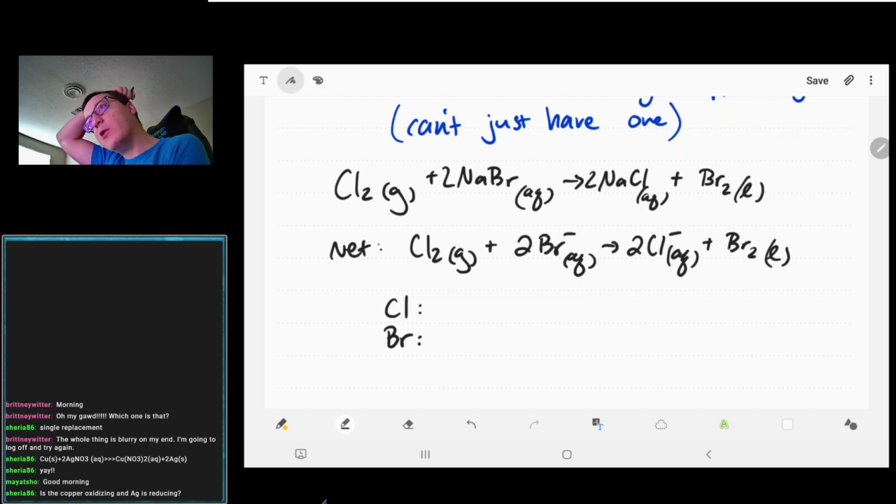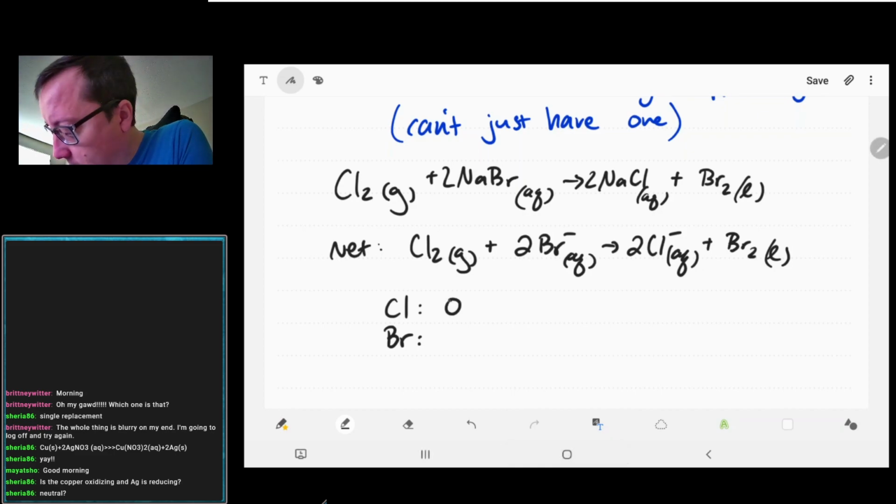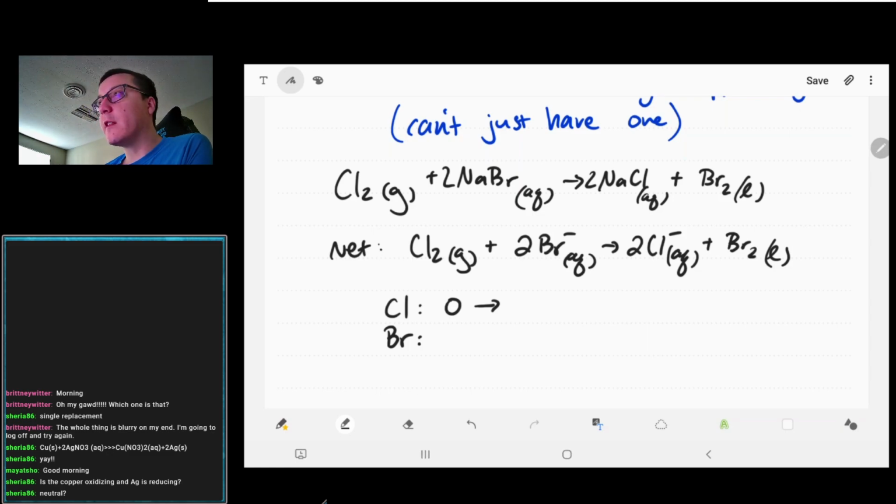What charge does chlorine have on the left? Yeah, it's neutral, exactly. So it starts at 0, neutral being 0. And on the right side of the reaction, our chlorines are now -1.